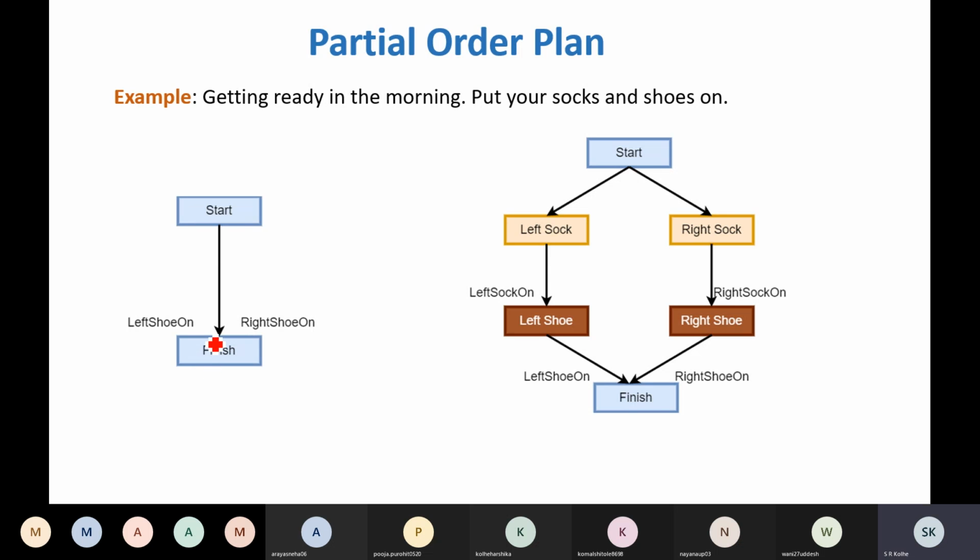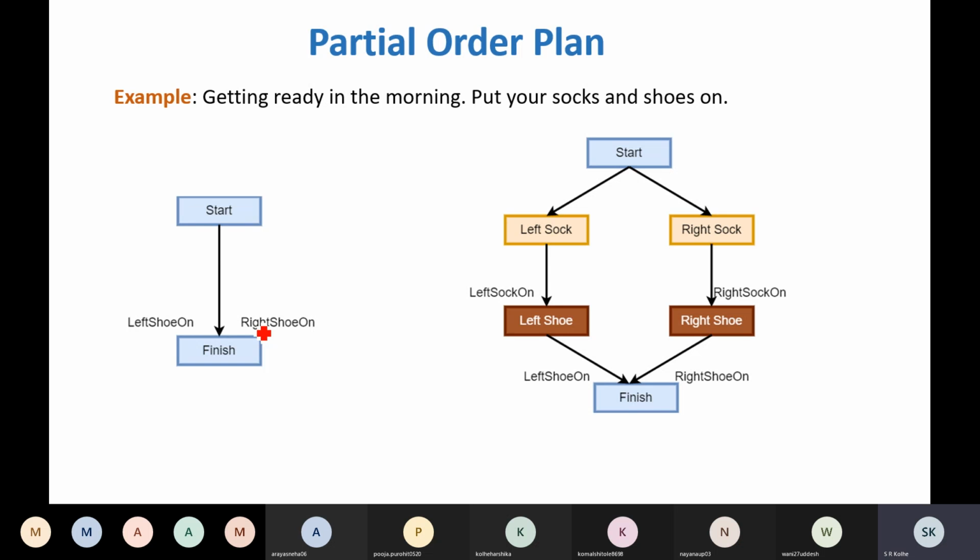At the end, when the goal is satisfied, left shoe on will be true and right shoe on will be true. What is the goal? Getting ready in the morning. That is the part we are considering.